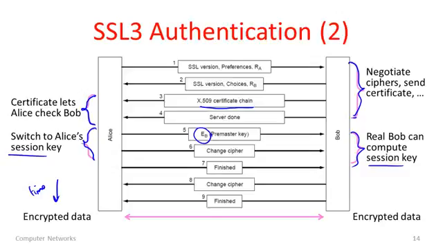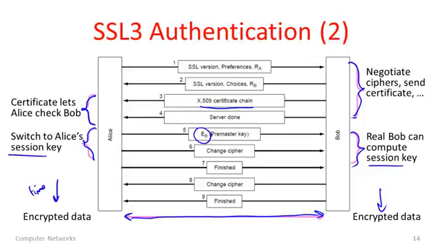If they can both understand the new messages, then everything's good. Alice has successfully authenticated to Bob, and they've set up an encrypted session. And down here you can see the encrypted data messages just flow back and forth between the two now that we've set it up. And that's SSL version 3 authentication.